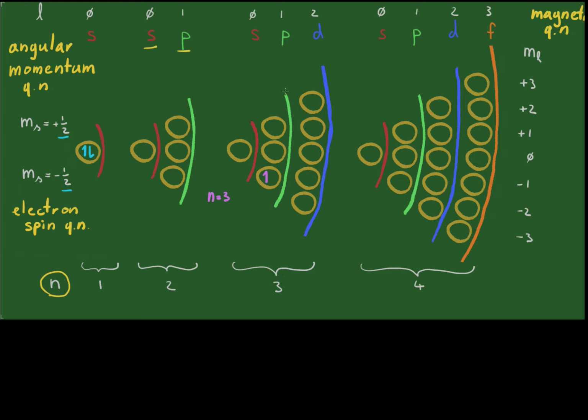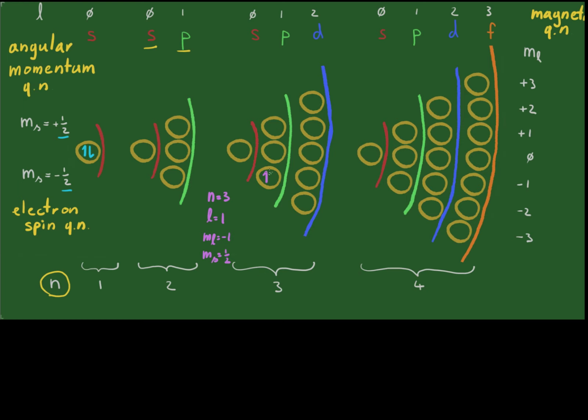It is in the p subshell, which has an L value of 1, so L is 1. It is in this orbital here, which is -1, so Ml is -1. And finally, I've drawn it as spinning up, therefore Ms is +½.